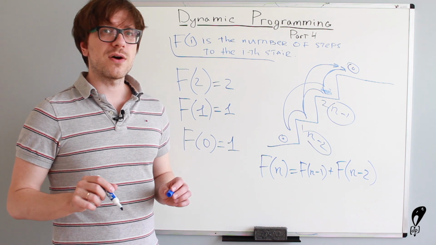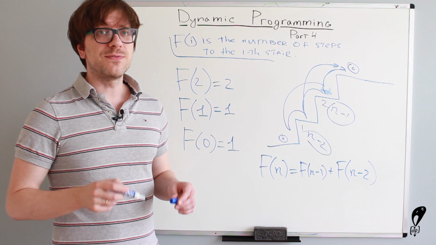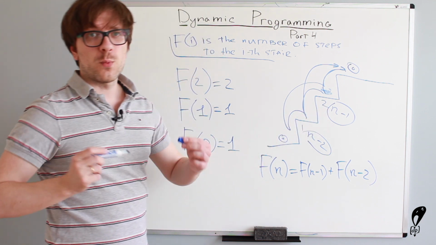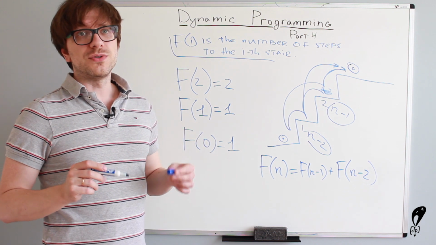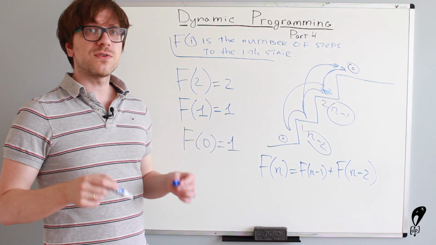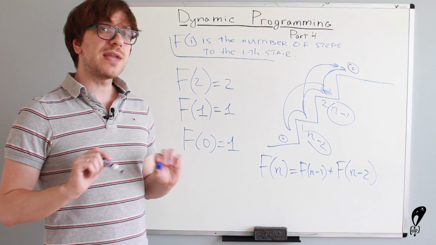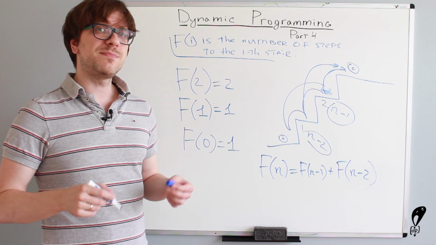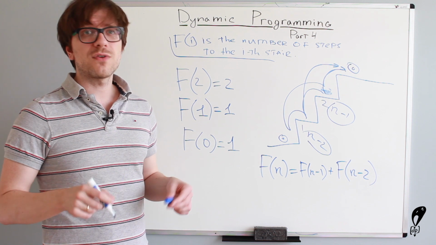Feel free to read about it, but the idea is that if we have A ways to do something and B ways of doing something else, and we cannot do both of those things at the same time, then there are A plus B ways to choose one of the actions.